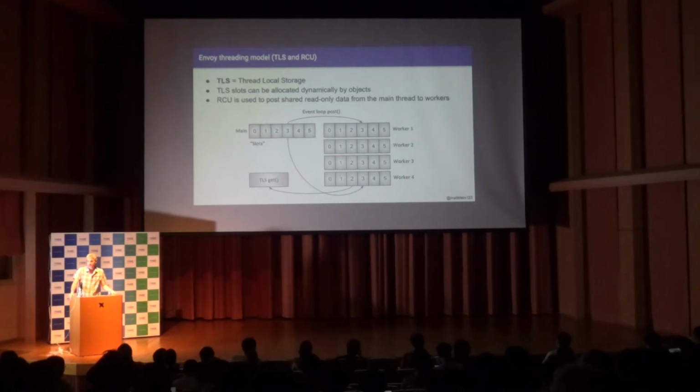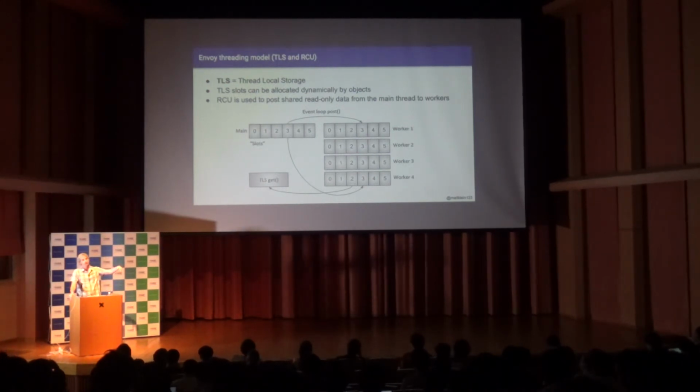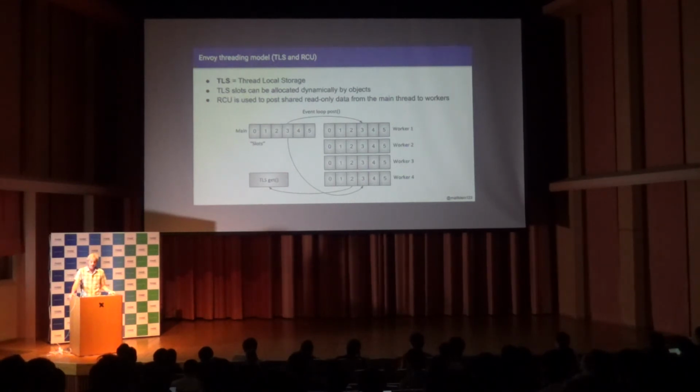Because when I'm actually making load balancing decisions, I would like to be able to use that host information or that route table, but I would like to do that without taking any locks. And I would like it to be very fast. And again, like we were talking about before, from an RCU perspective, this is read heavy, so the data doesn't change very often, but it's read very often. So the way that this works is that effectively TLS is a vector of slots.